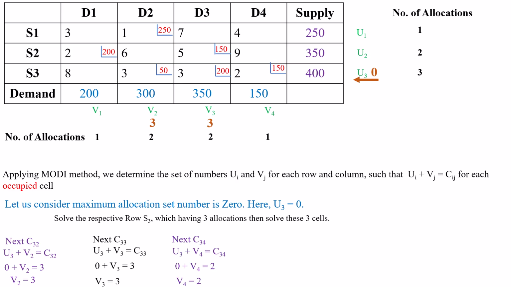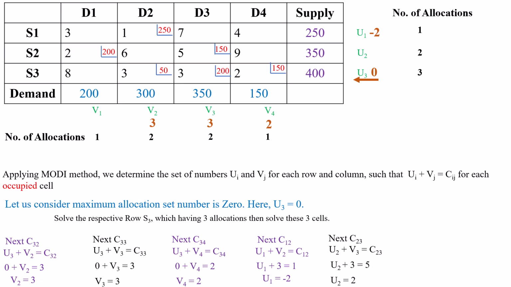So C34 equal to U3 plus V4, and C34 value is 2, so V4 will become 2. Next we solve C12, with the relation U1 plus V2 equal to C12. Here C12 value is 1 and V2 value is 3. Then U1 we will get as minus 2.